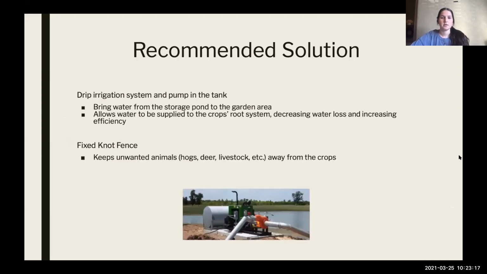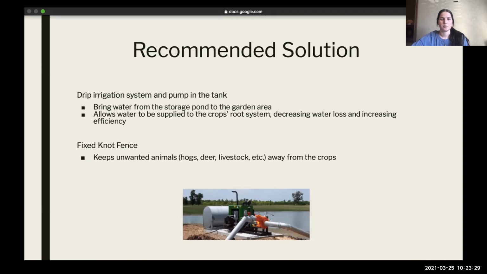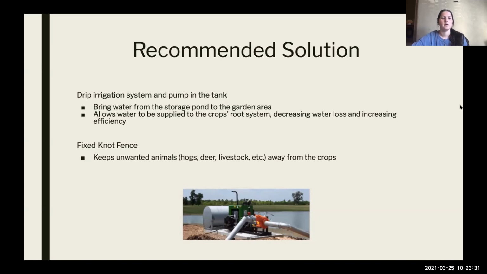For our recommended solution, we will use a drip irrigation system and a pump in the tank, as well as a fixed knot fence. The drip irrigation system will bring water that we have in our 1-acre storage pond to the garden area. This allows the water to be supplied directly to the crop's root system, which will decrease water loss and increase efficiency.